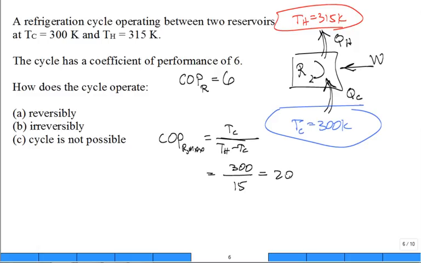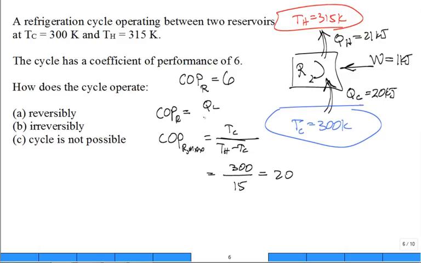Then it is 20, right? Meaning if I wanted to pull out 20 kilojoules of heat, how much work would I have to supply? 1 kilojoule of work. How much would I have to dump? 21 kilojoules. That's how you use the coefficient of performance. Isn't the coefficient of performance refrigeration what I desire? What do I desire out of a refrigeration system?